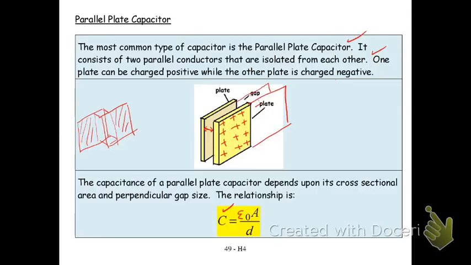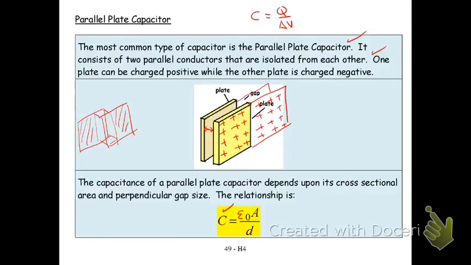So basically I can, if you like, extend my parking lot. If I've added more charges, remembering that capacitance equals charge over delta V, if I've added more charges for a given potential, I have increased my capacitance. So as my cross-sectional area goes up, so my capacitance goes up. So put area on the top.